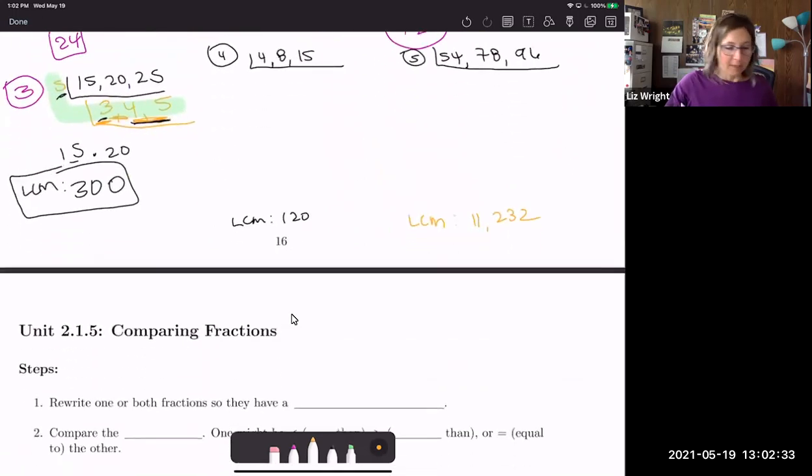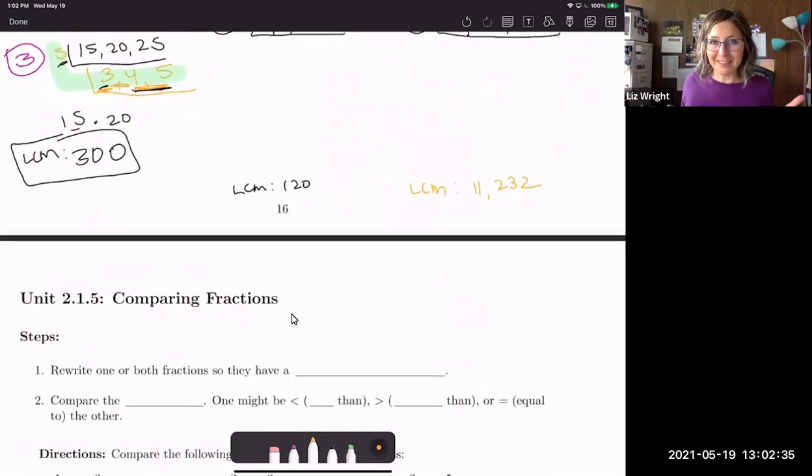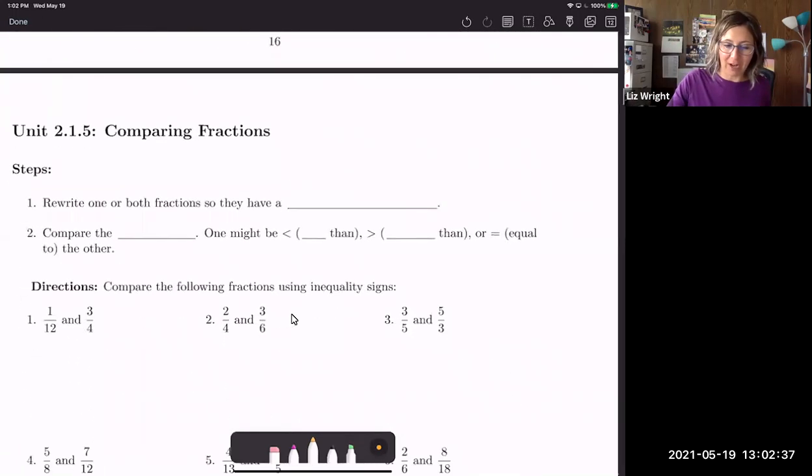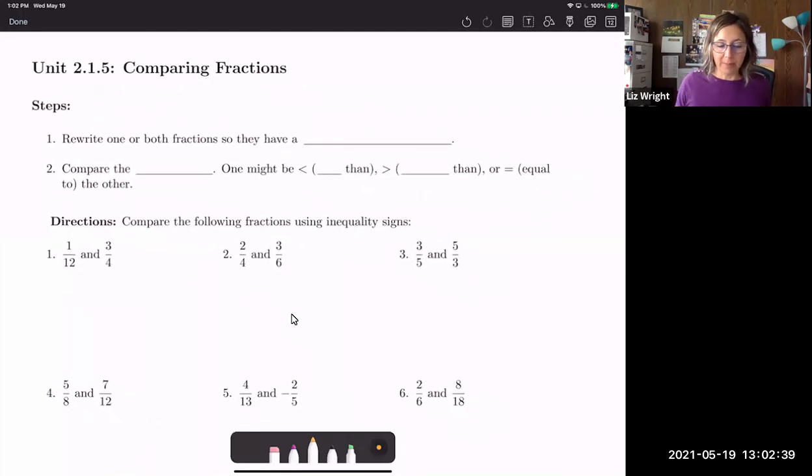Okay, so that preps us, all of that work, for comparing fractions. So comparing fractions, I'm just going to do a few more examples and then I'm going to turn this over to you guys. Then we're going to do the rest of this as like a group activity or a discussion activity. So unit 2.1.5, comparing fractions, we are going to first rewrite one or both fractions so that they have a common denominator.